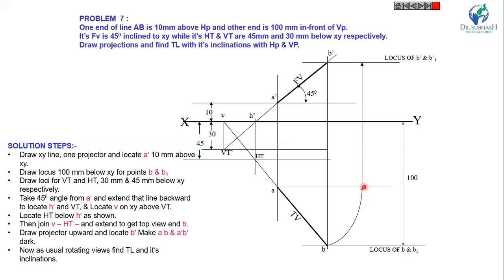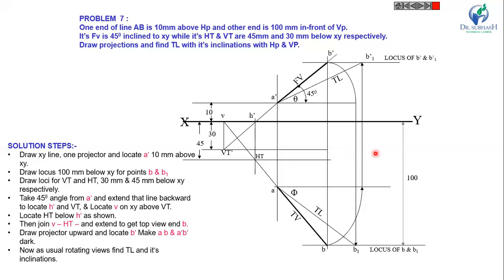Now extend this up to the locus of B dash and B1 dash. Join this B1 dash with A dash. This is our true length and the inclination of this true length is theta. Similarly, you can find the true length on the top view. This inclination is phi and this inclination is beta.